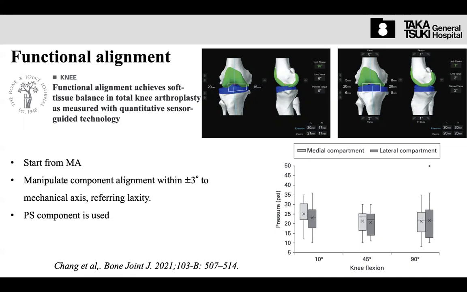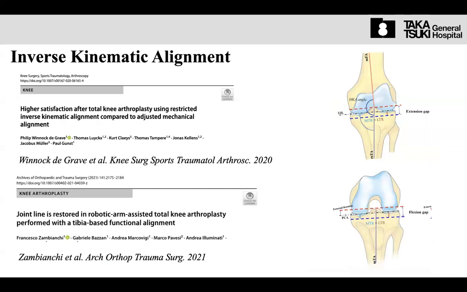But basically, functional alignment decides both femur and tibia cutting planes before bone cuts. But in inverse kinematic alignment, cut the tibia, then evaluate the gap and decide the femur cutting plane. In other words, it is tibia-based functional alignment. I think this is a more accurate naming, because in this inverse kinematic alignment the cutting planes are decided based on the gap balancing.